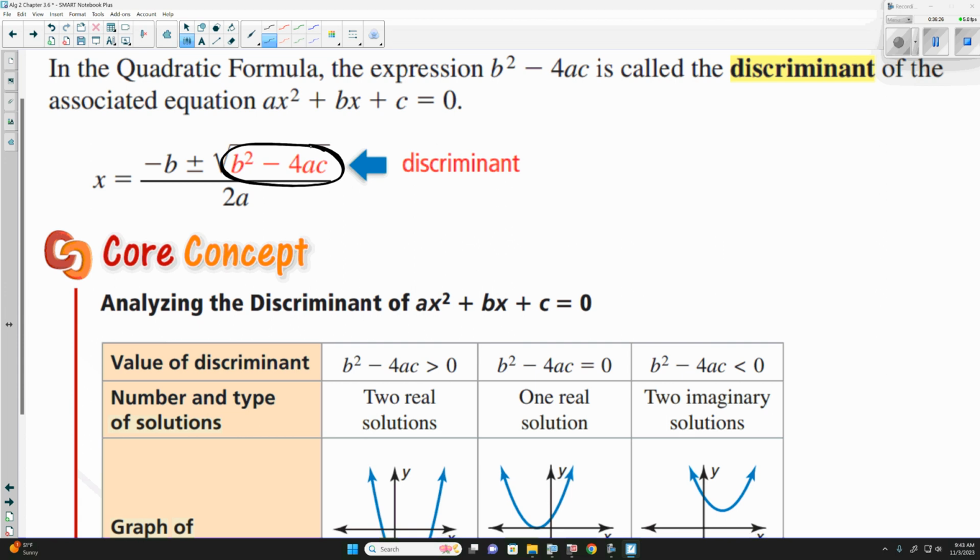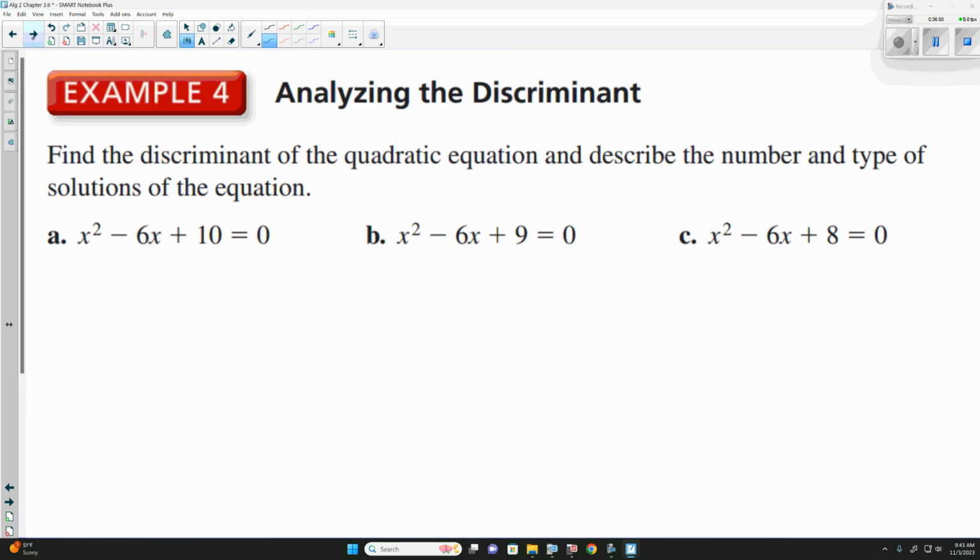When that b squared minus 4ac is less than 0, we have two complex solutions, two imaginary solutions. When this b squared minus 4ac was 0, we got 0 inside the radical, we got one real solution. We got one number, it was 2/5. And when it's greater than 0, we get two real solutions.